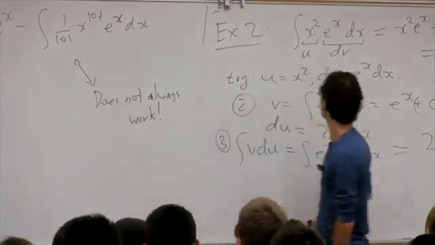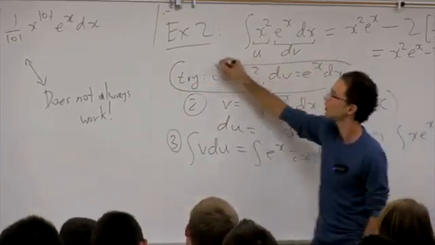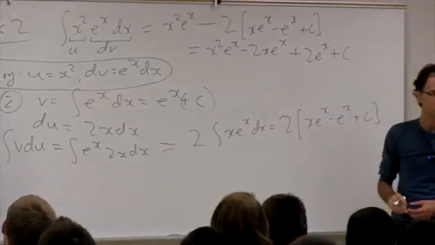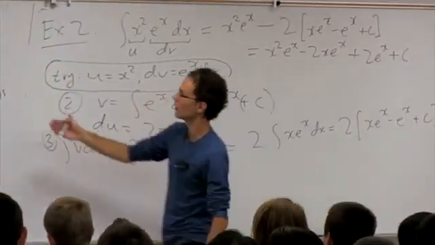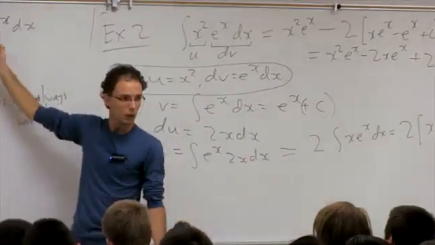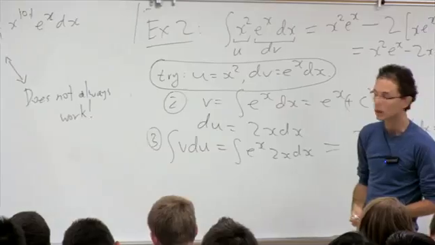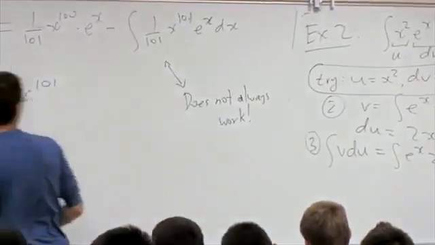So really this first step of trying is a source of multiple options, and not all of them will give you the way you want to go. So if, for instance, you end up with something even worse, then back up and try again, or maybe you need to do something else, maybe a substitution, and so forth.